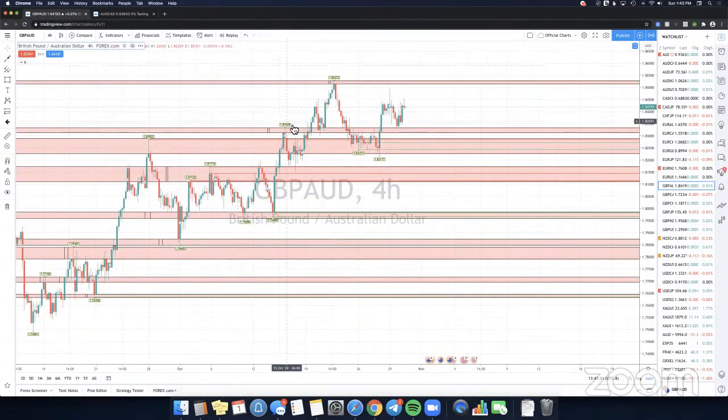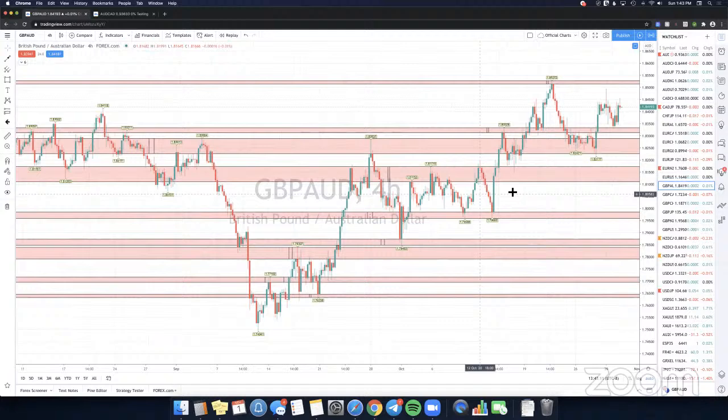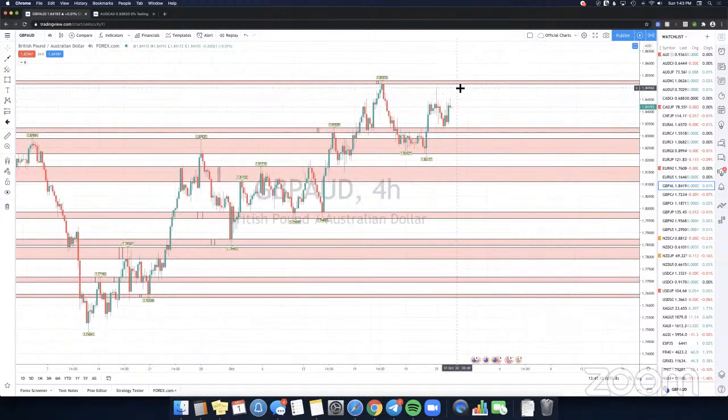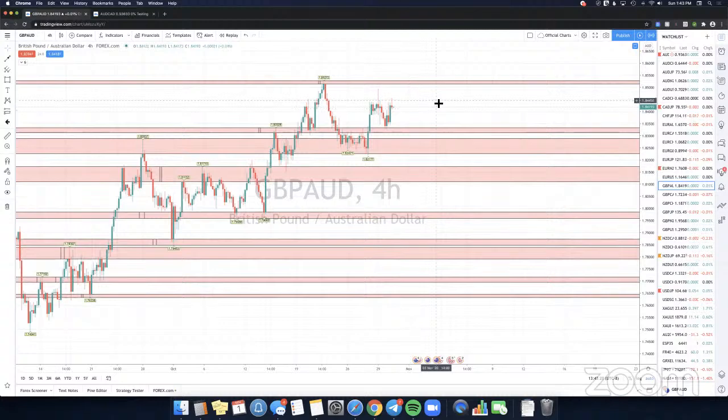So right here for GA, zoom out from there. And this upper zone right here is going to be 1.85137. And this lower zone down here is going to be 1.83330. So those are the two zones right there.